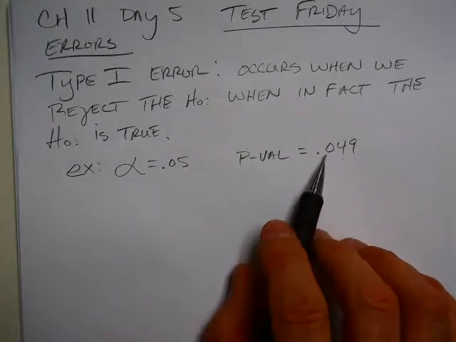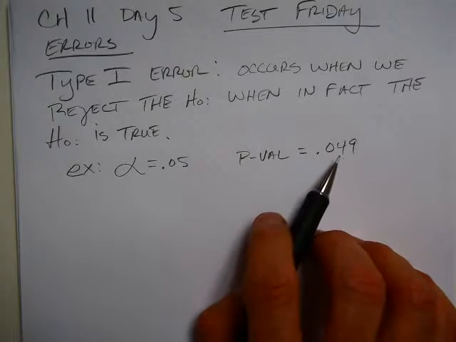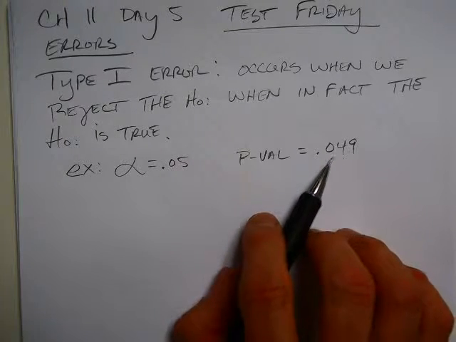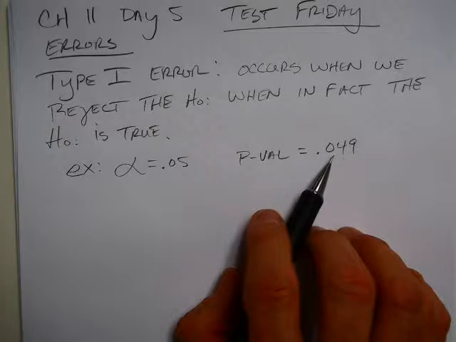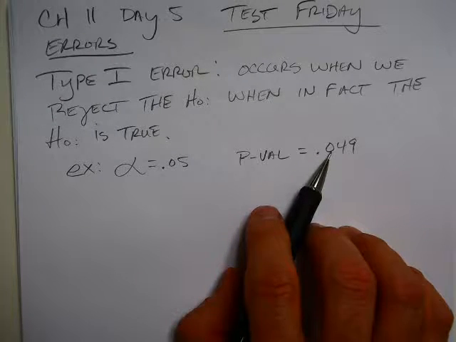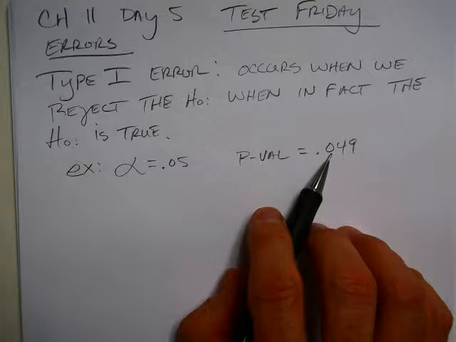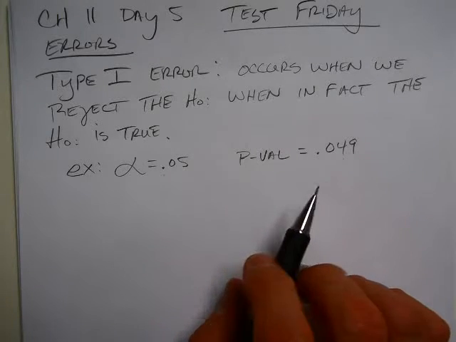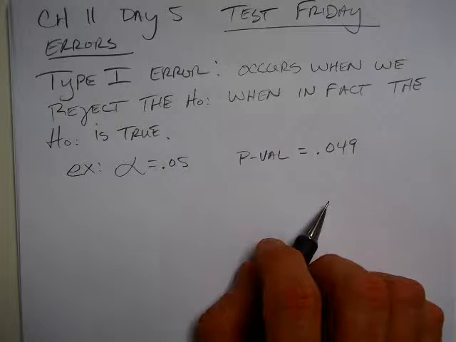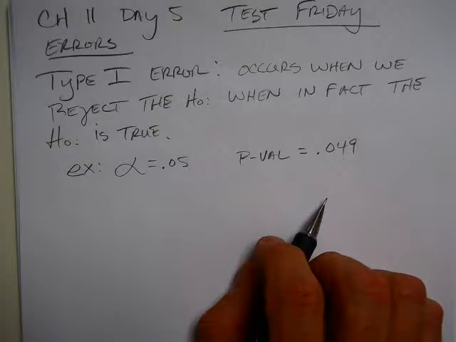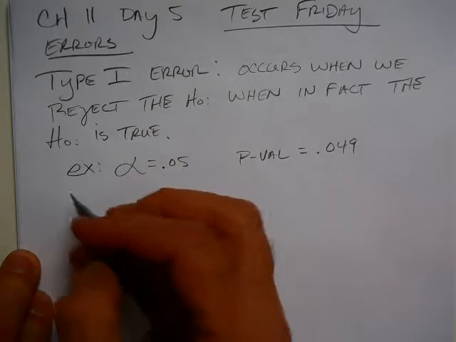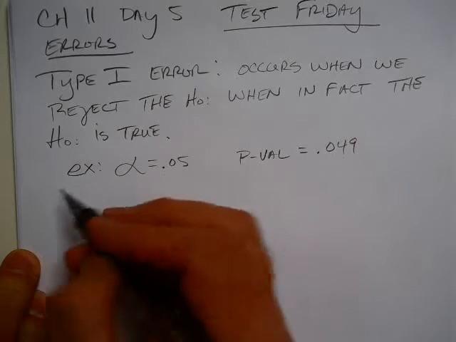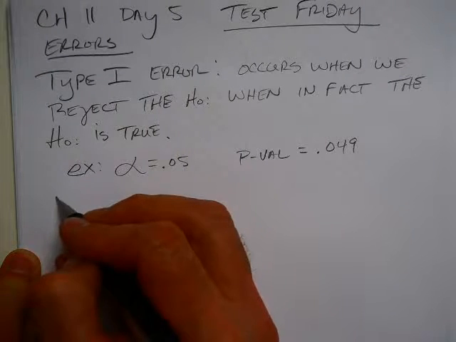But what if there's something weird in our sample that causes our p-value to be a little lower than maybe it should be? And in fact, this is kind of a borderline. We're very close. Maybe, in reality, we should fail to reject. But our numbers told us to reject. This is called a type 1 error. So we reject the null, but a type 1 error is reasonably likely.